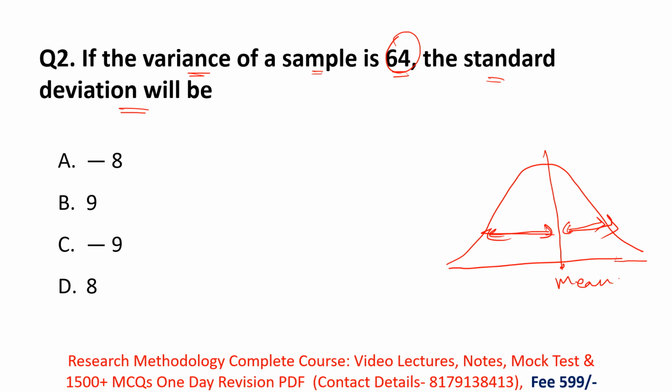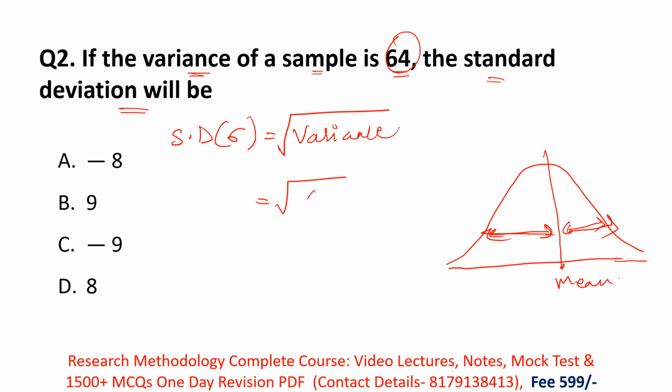Here the standard deviation formula is: standard deviation, which is denoted by sigma, equals the square root of variance. We know the variance is 64, so put the value here: the square root of 64 is 8. A very simple and easy question.